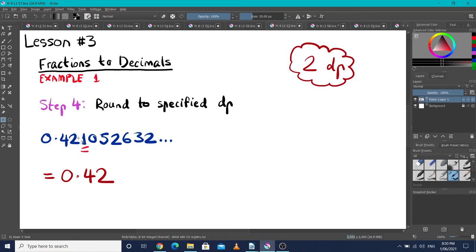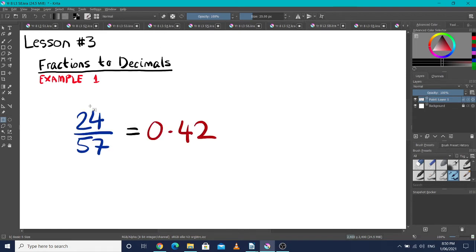Rounding to 2 decimal places, we must look at the third number after the decimal place, which is a 1. And therefore we will round down to 0.42. So our proper fraction of 24 over 57 has been rounded to a decimal of 0.42.